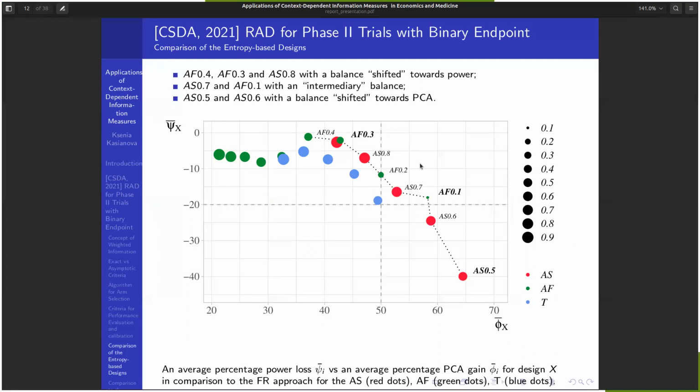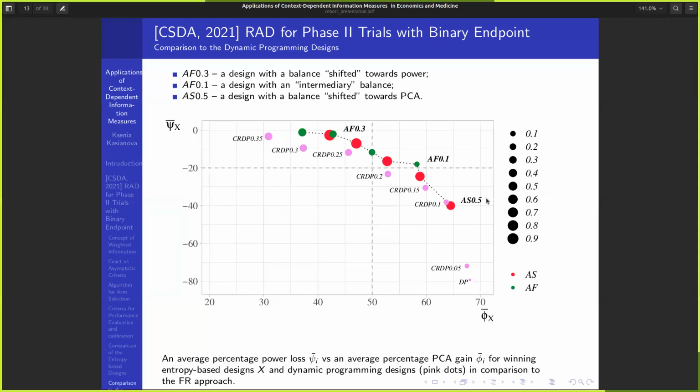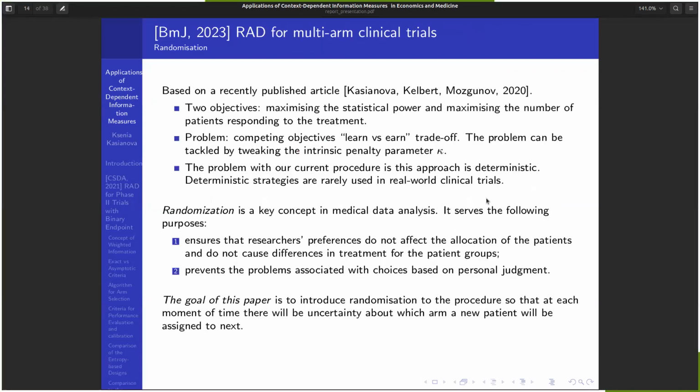The designs based on the asymptotic Shannon and asymptotic Fisher criteria are connected with the dotted line. Then we compared it to the alternative design, the dynamic programming design, which also allows us to find different balances. As you can see, our designs are still better in each case, both for designs shifted towards power and towards probability of correct allocation.